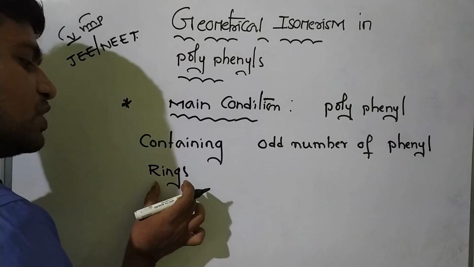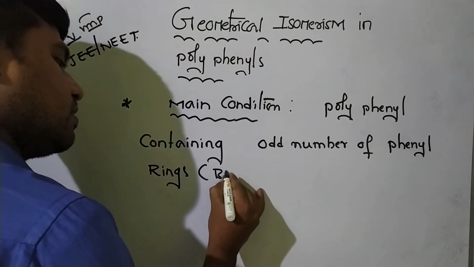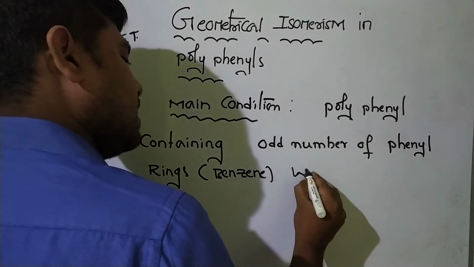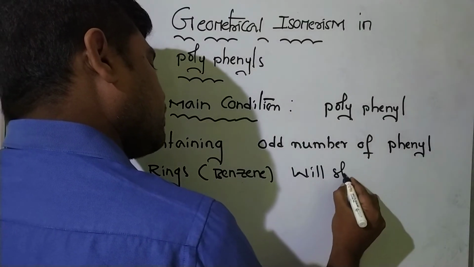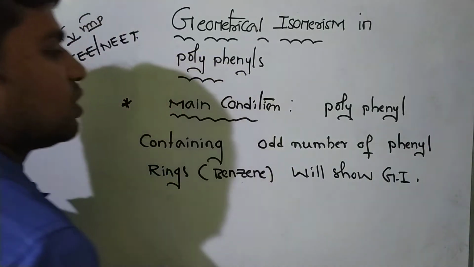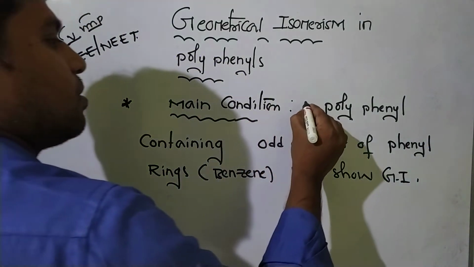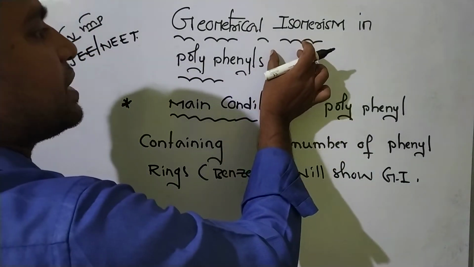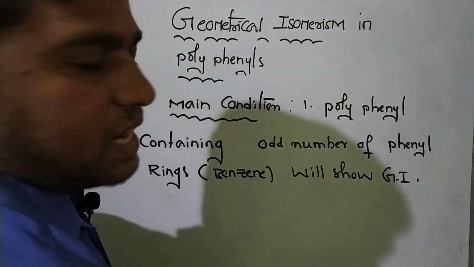Phenyl ring means benzene ring. Such polyphenols will show geometrical isomerism. So this is one of the major conditions for exhibition of geometrical isomerism in case of polyphenols.